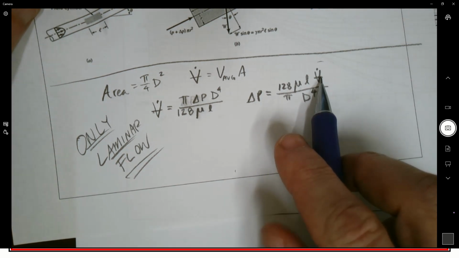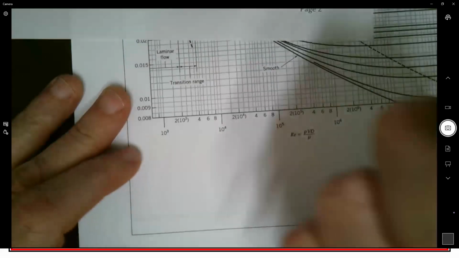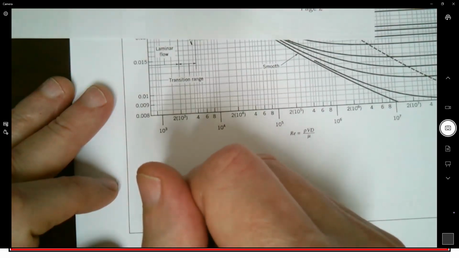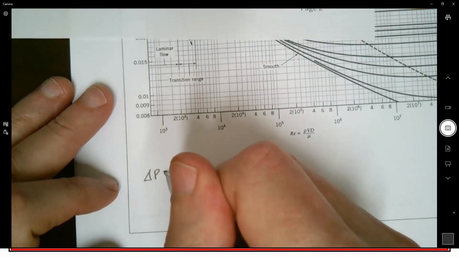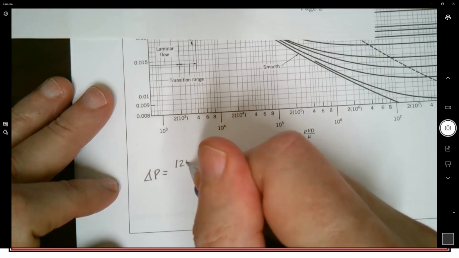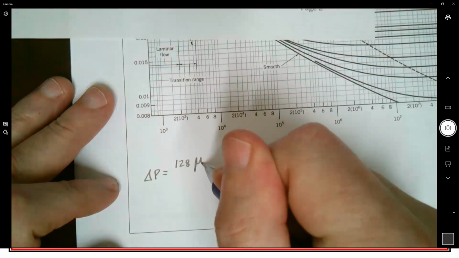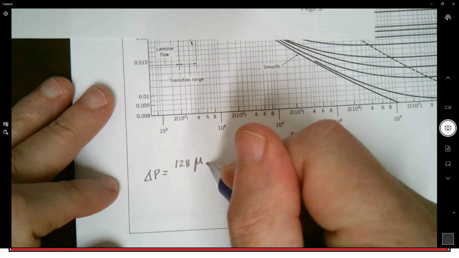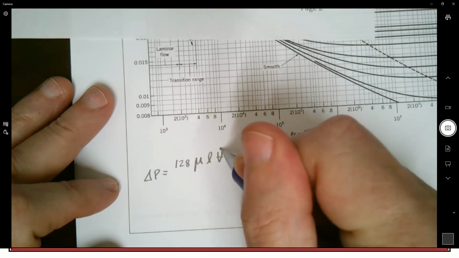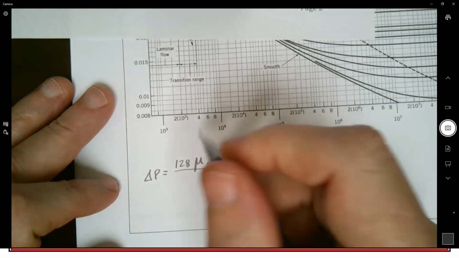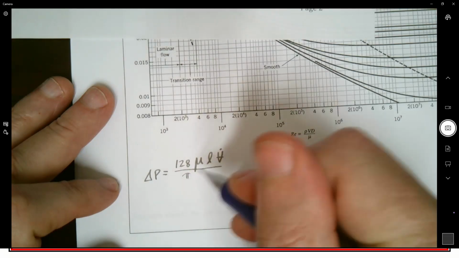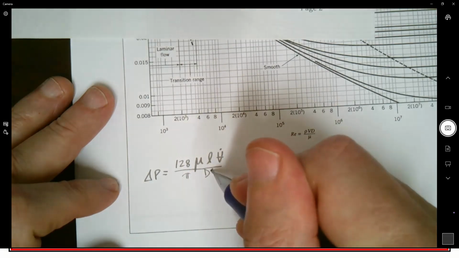We'll get back to it, divided by pi and d to the fourth. So let me write that down as a quick demo: delta P is equal to 128 times mu, the length and the volume flow rate, divided by pi and diameter to the fourth.